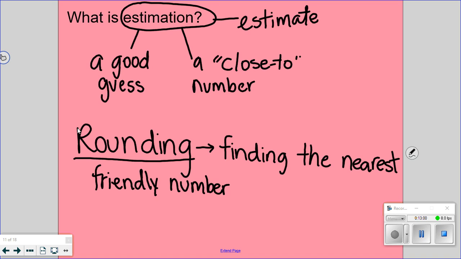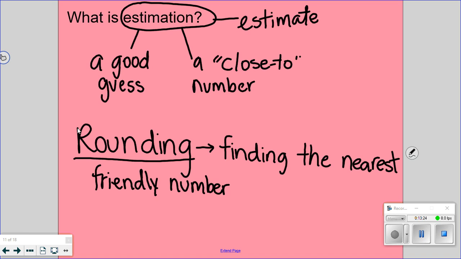Can you think of other friendly numbers? What else could be a friendly number? One that makes your brain happy. Gio? 100, very friendly number. Madison, another friendly number. 4. Probably not.